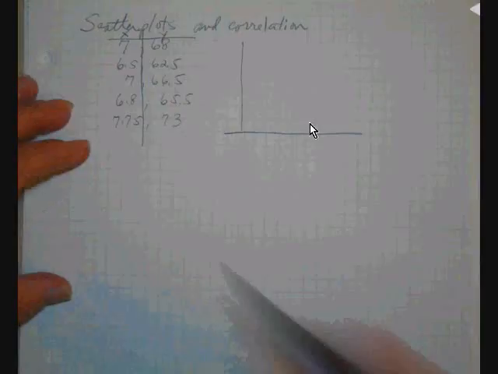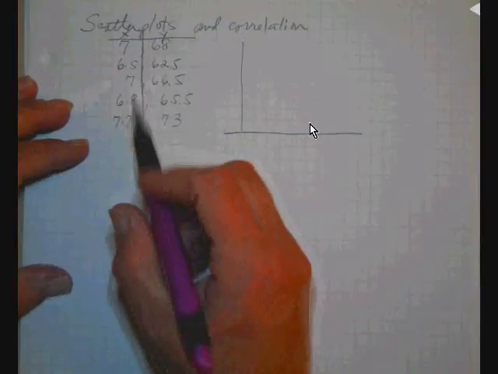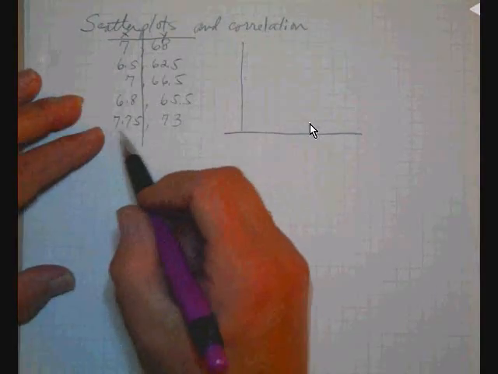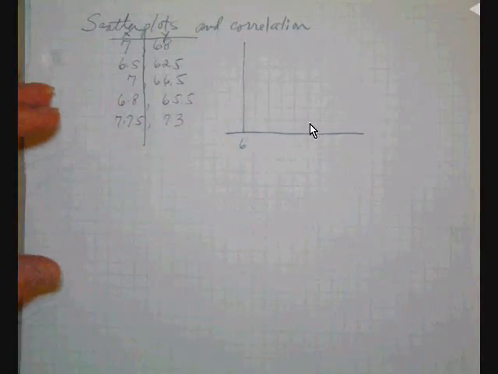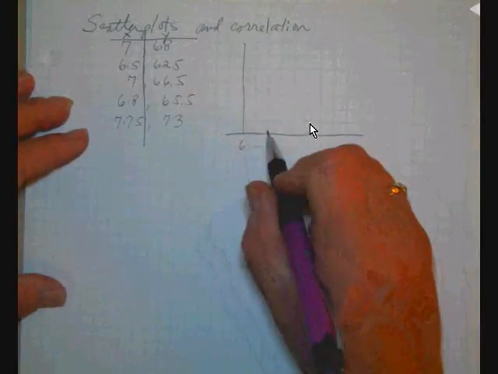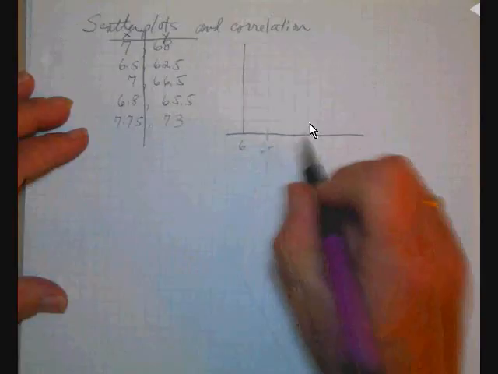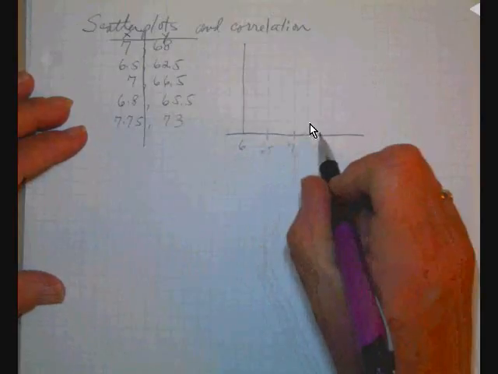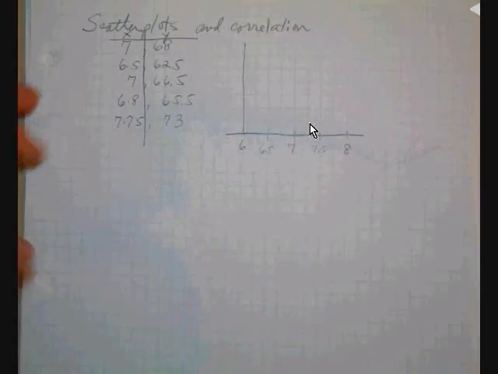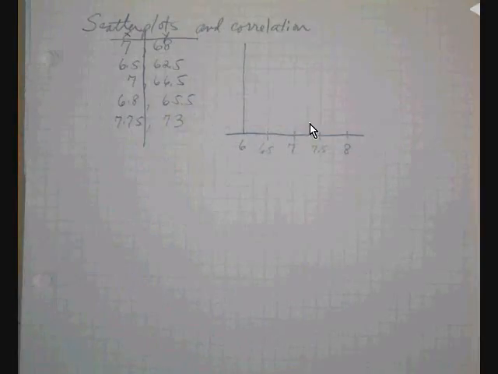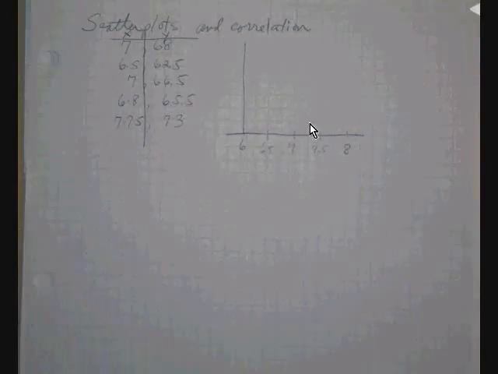The lowest one is 6.5, the biggest one is 7.75. So let me start at the axis at 6, then 6.5, 7, 7.5, 8. So I don't have all my points squished together, and I don't have a horizontal axis that is so long it doesn't fit on my paper.